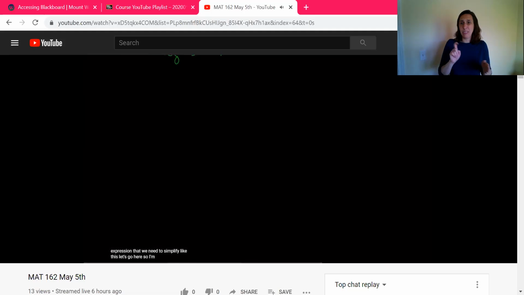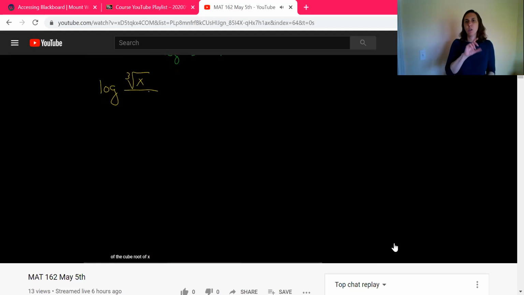Let's go here. So I'm going to have log of the cube root of x divided by the square root of k. And this comes back to my pet peeve. I do not like this notation for writing roots. We're stuck with it.